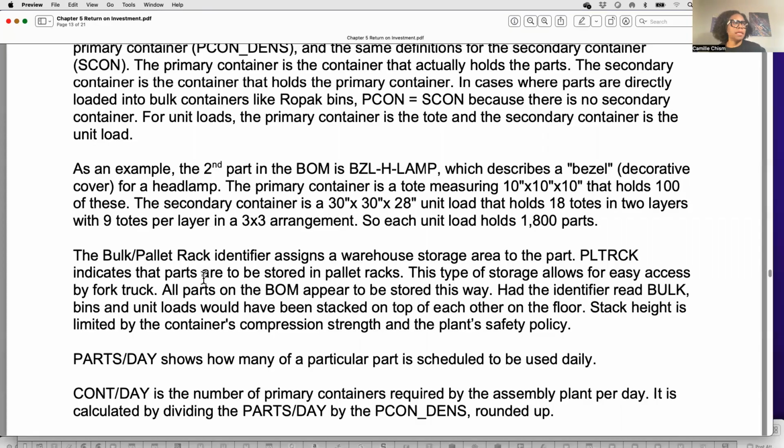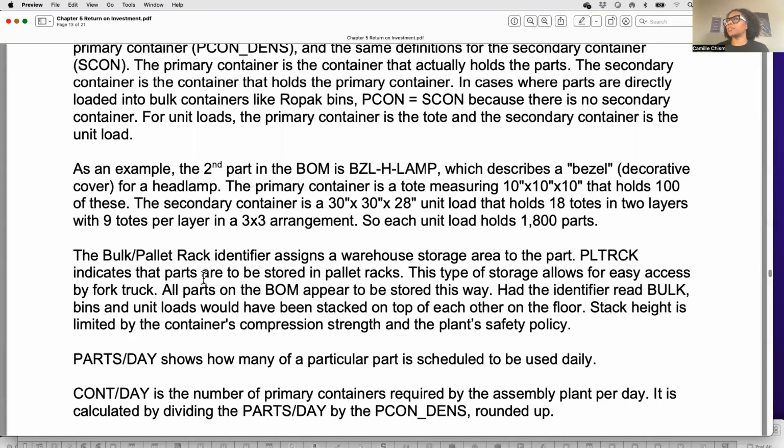Let's say most of your bins are this size, and you set up your racking to hold this type of bin, but then something comes in that is an odd shape, or it comes on one of the pallets that isn't made to sit on the style of racks that you have. Then you can have some issues, because the warehouse management system is only going to do what you tell it to do.